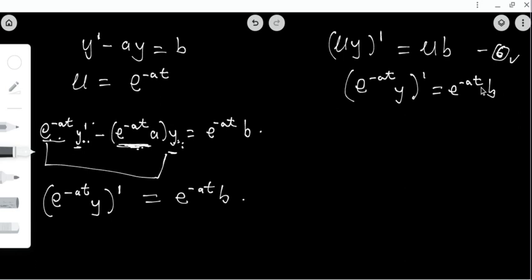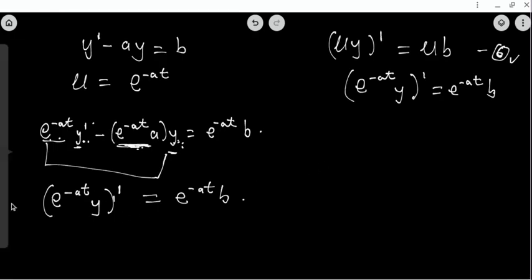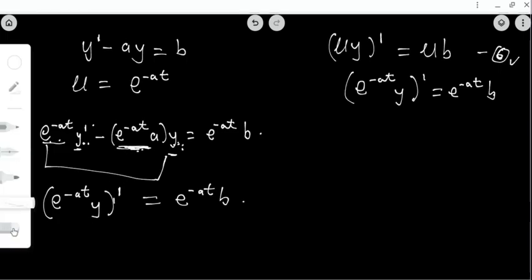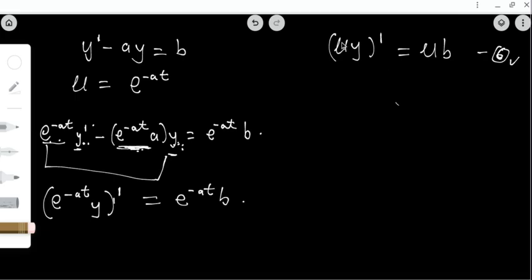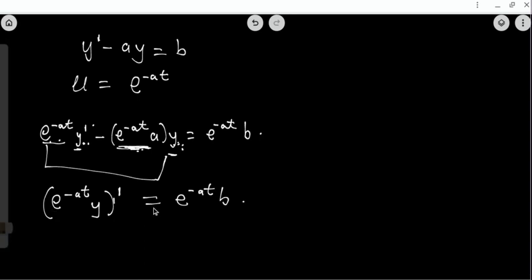Yes. Okay, so now we have got into this equation, and we are supposed to solve this one.